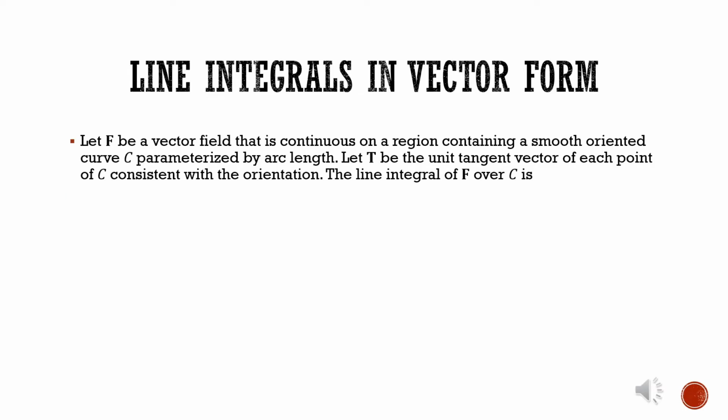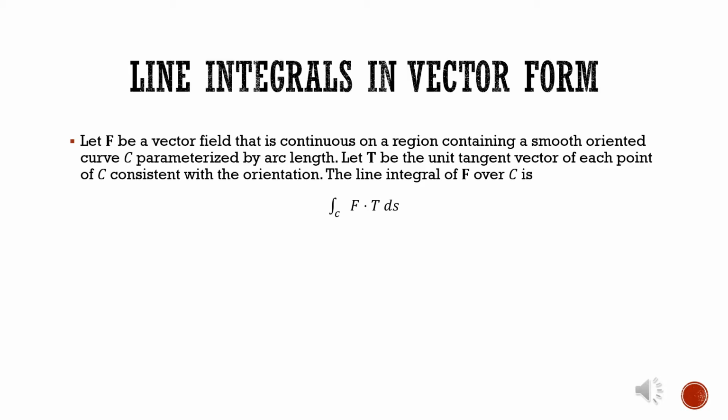Let F be a vector field that is continuous on a region containing a smooth oriented curve C parameterized by arc length, and let T be the unit tangent vector at each point of C consistent with the orientation. The line integral of F over C is the integral of F dot T ds.